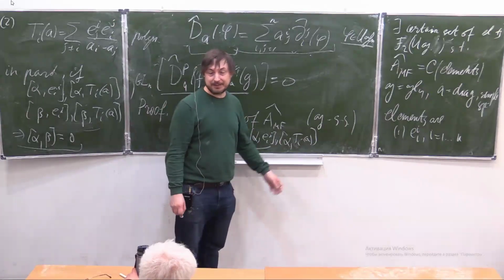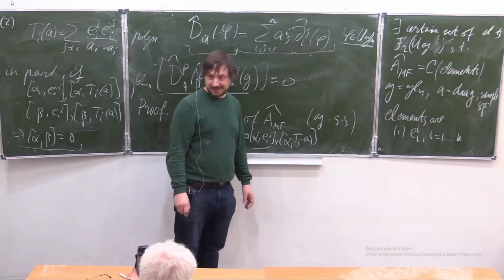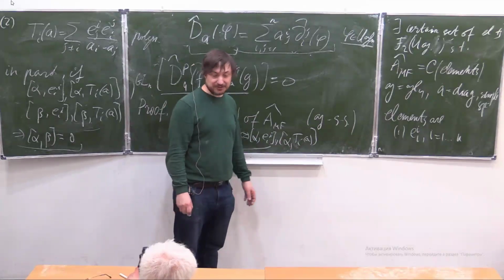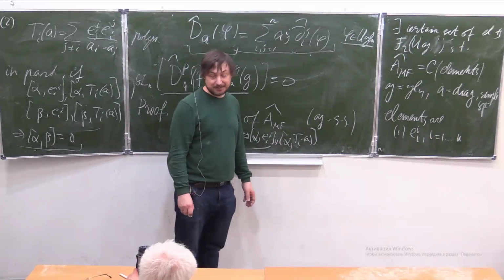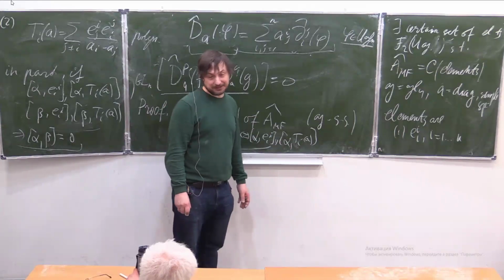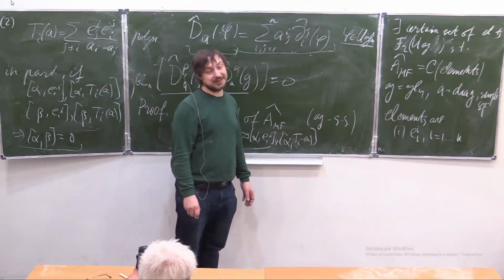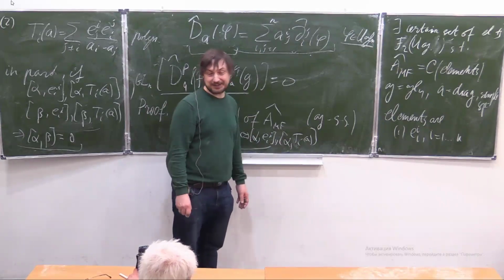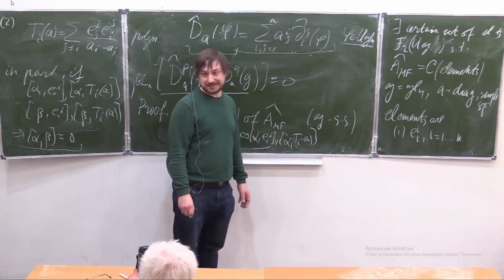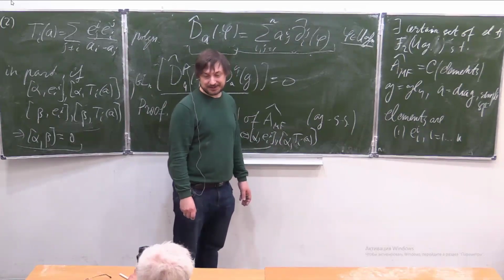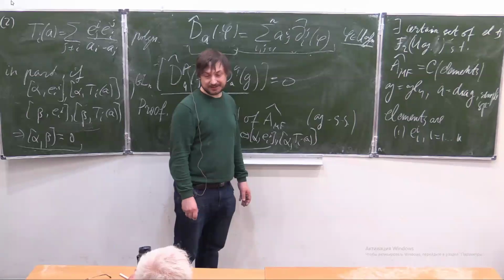And you can do this by induction. And this is not very hard. But the most remarkable thing is that when you try to do similar things for non-GLN algebras, this fails. You don't get it. We need to do some other things to get the result in the non-GLN case.